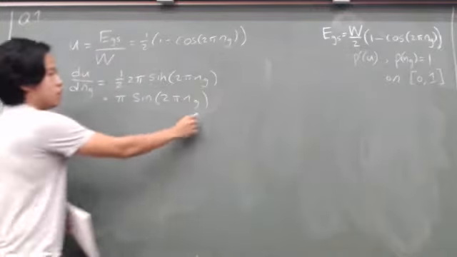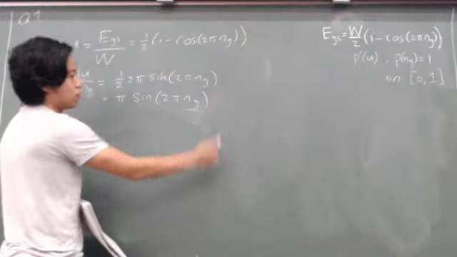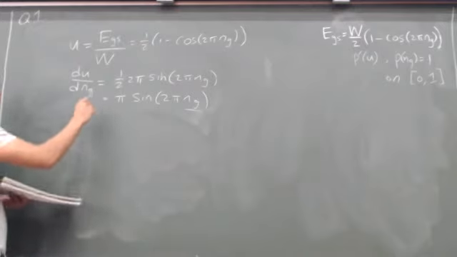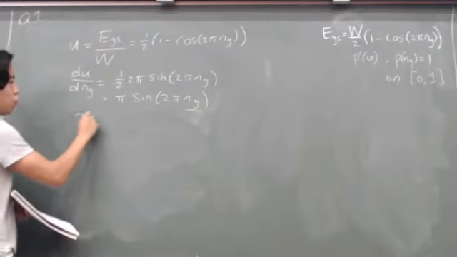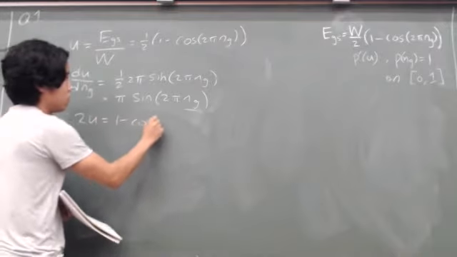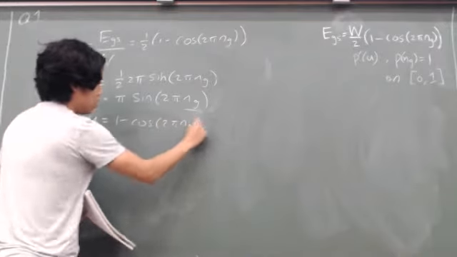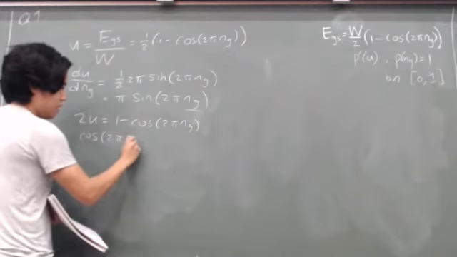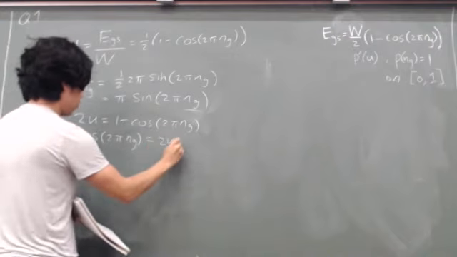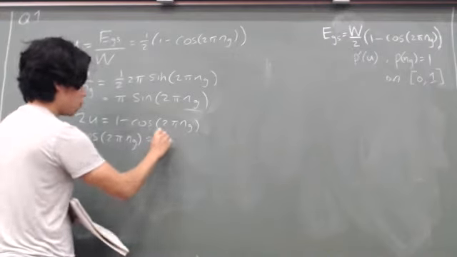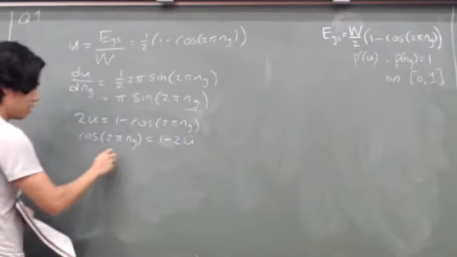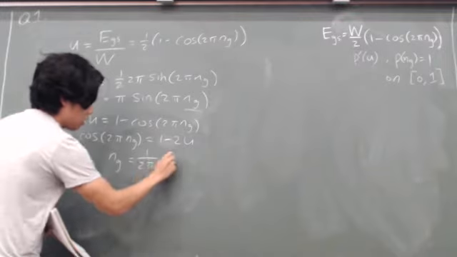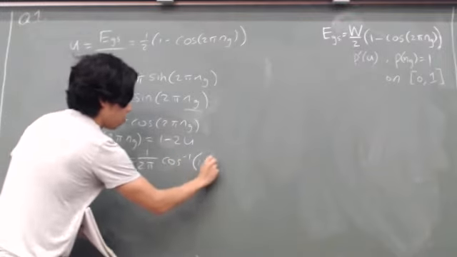And now we have to invert this expression to find ng as a function of u. So, okay, if I look at the first expression, 2u is equal to 1 minus cos of 2 pi ng. So cos of 2 pi ng is equal to 1 minus 2u. So then ng is equal to 1 over 2 pi arc cos of 1 minus 2u.